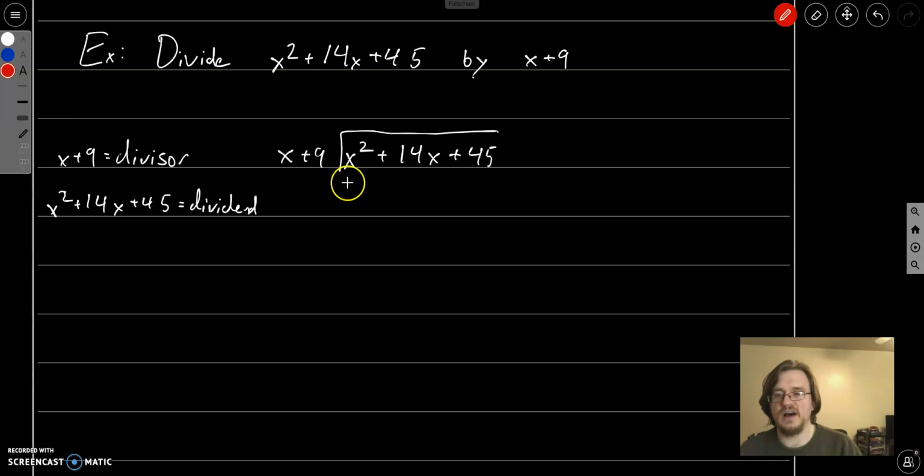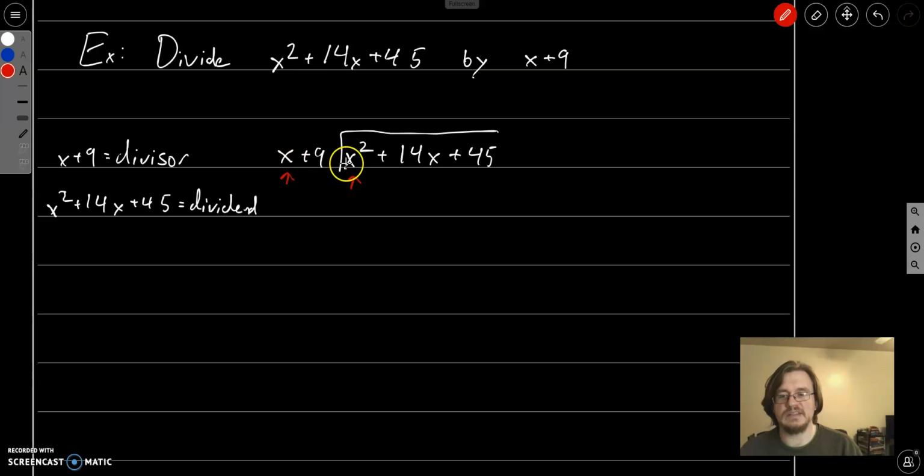So again, what we'll do is we'll look at our first, in this case, two terms, because the polynomial that we're dividing by has two terms. And we'll see how many times does x plus 9 go into x squared plus 14x. We are in fact just going to focus on the first terms in both of these.